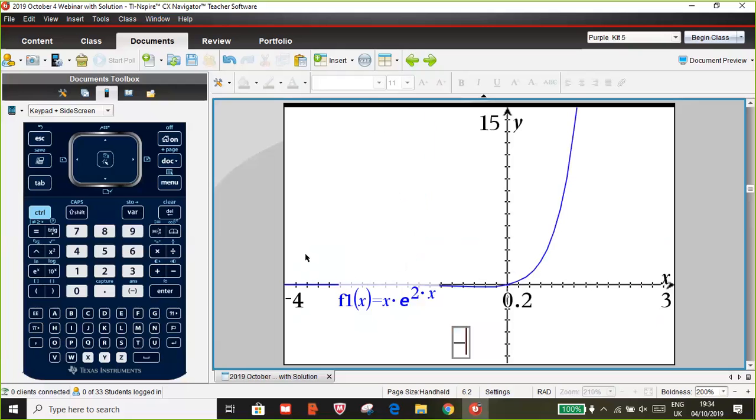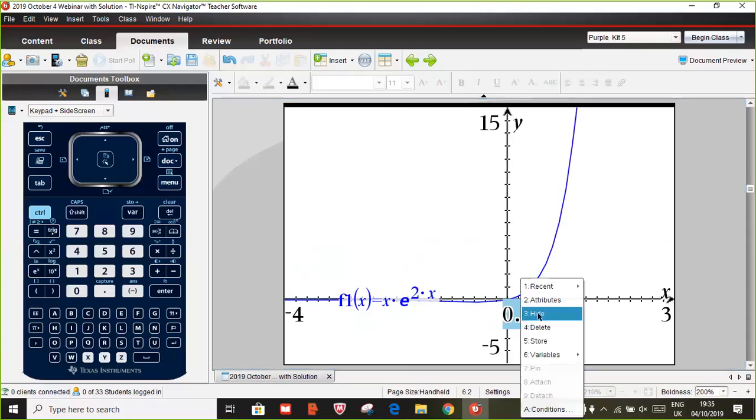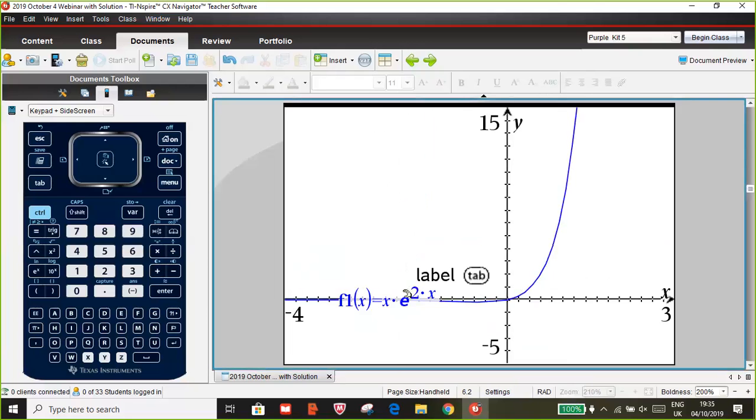Let's say 3, minus 5. Okay. Let me hide this away. This doesn't help. Okay. So I want to get the TI-Nspire to draw a tangent for us. Can I do that? Yes, we can.